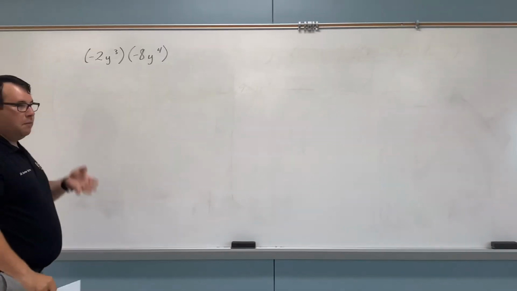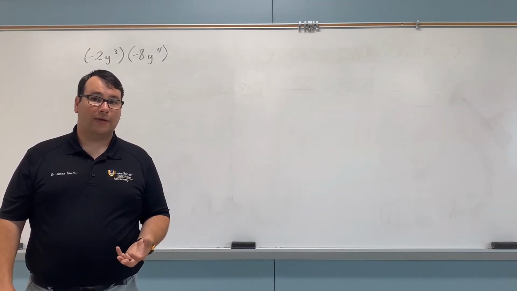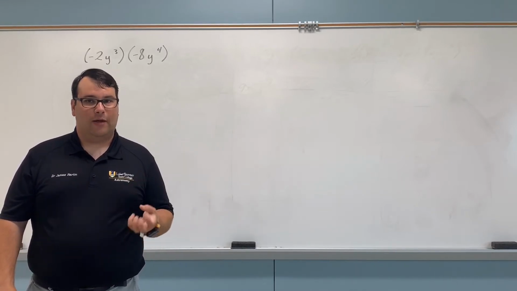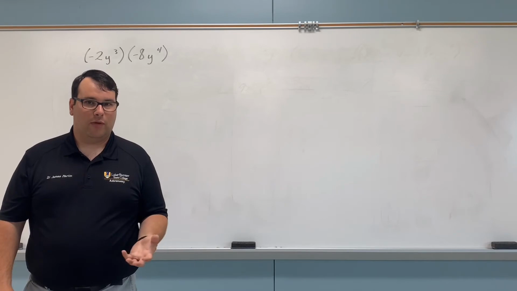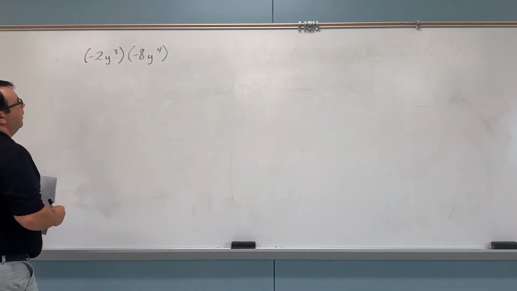Now, if you have your exponent rules handy, this is where you want to use them as you're practicing, because exponent rules really play a lot into working with polynomials. So that being said, let's jump right in.